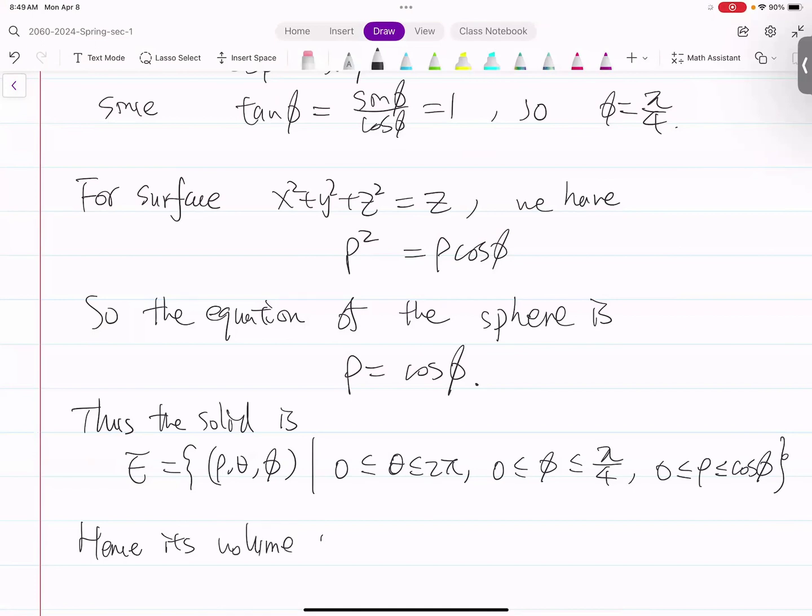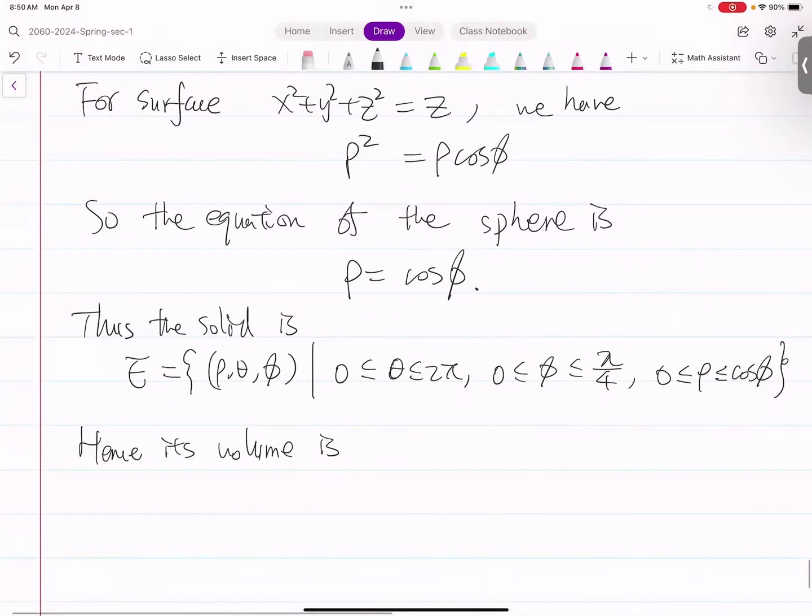If you write down the volume, this is just integrating 1 over the solid. So let's quickly write down the integral.